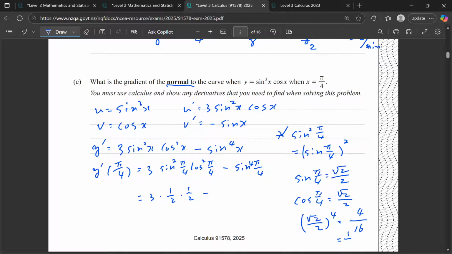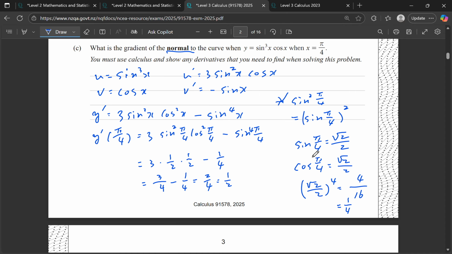That's a 4. It's a quarter, isn't it? So that's a quarter. So which is 3 quarters take away a quarter, which is 2 quarters, which is half. So half, not enough space.